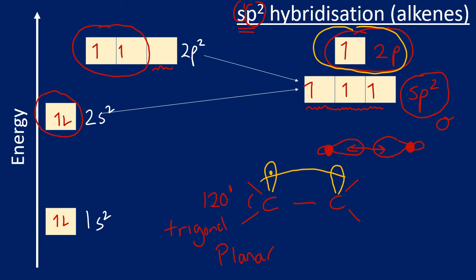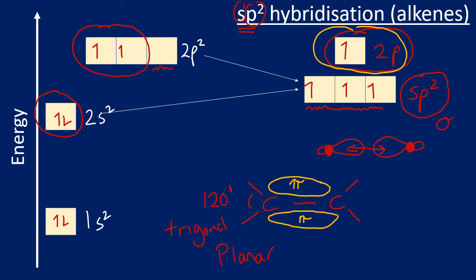So we'll end up with the overlap of p orbitals below and above. And this is our pi bond. So a pi bond is formed from the overlap of the two p orbitals. So the bonding between the two carbons is a sigma bond from the sp2 hybridized orbitals and a pi bond.